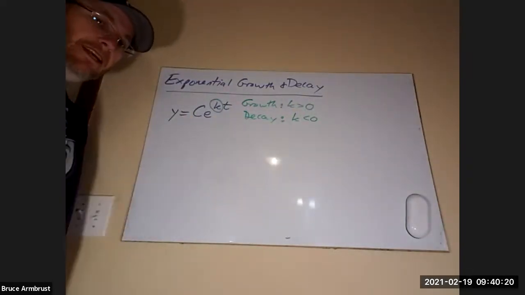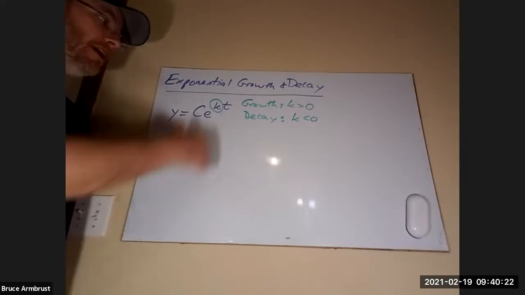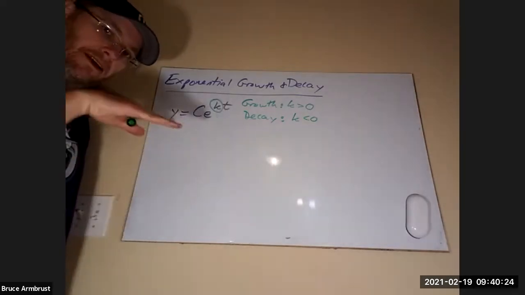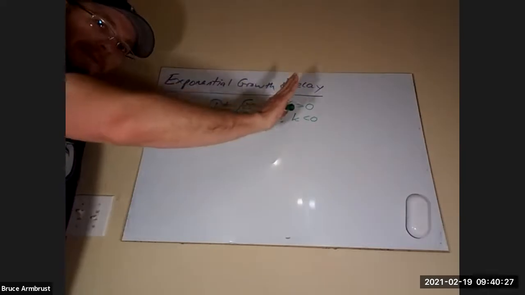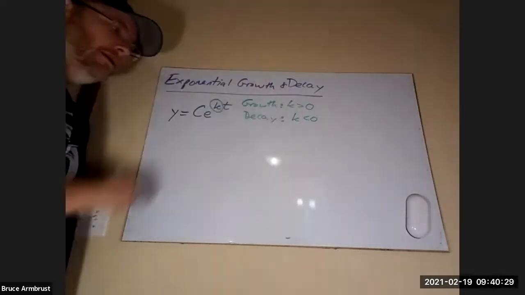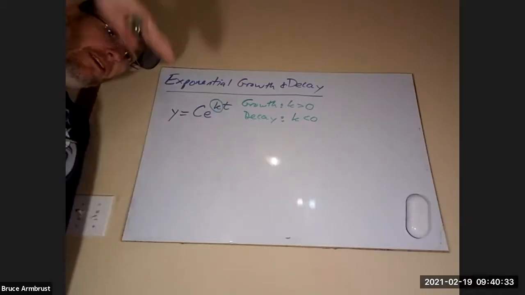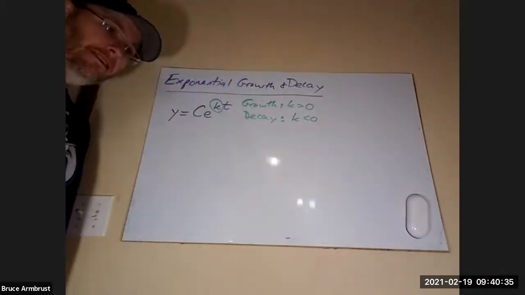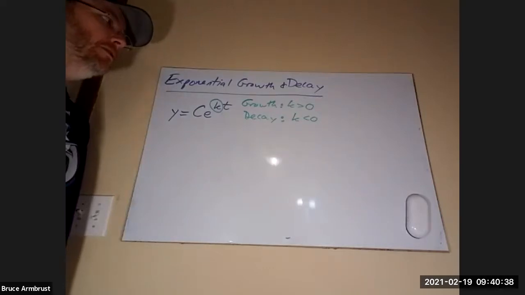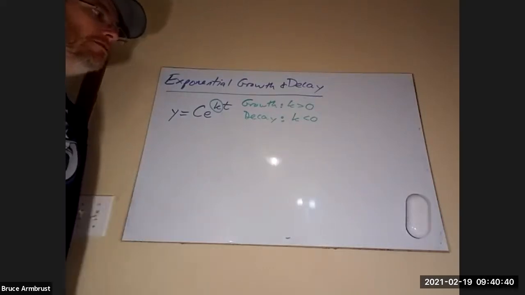And that just comes from looking at the graphs of exponentials. If we have e to a positive power, it's an exponential function that goes up, so it grows. If K is negative, that's a reflection, and so then that function decays. All right, so the K will tell you whether it grows or decays.